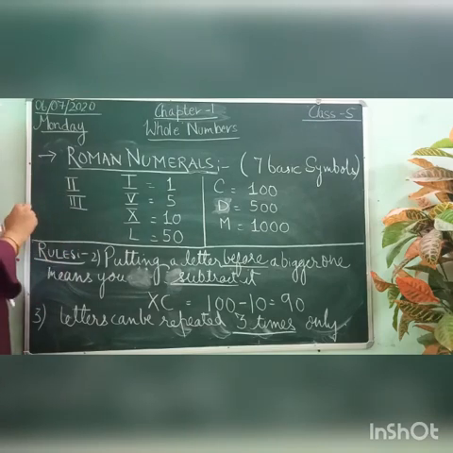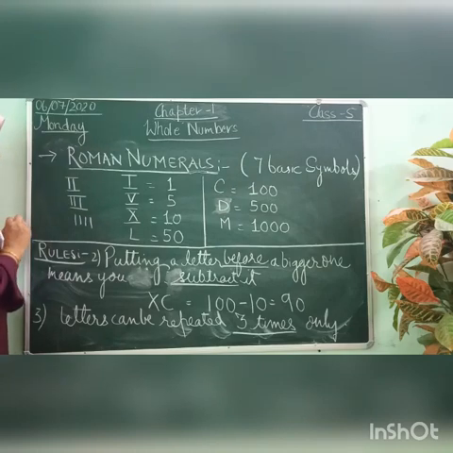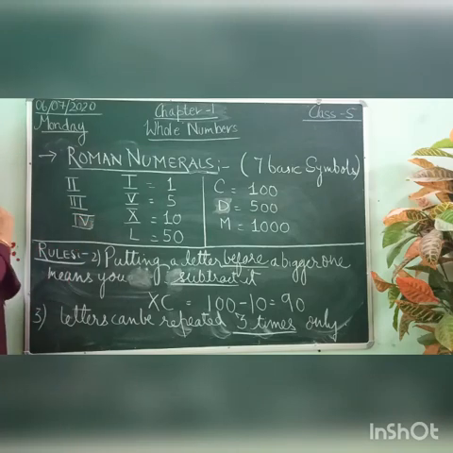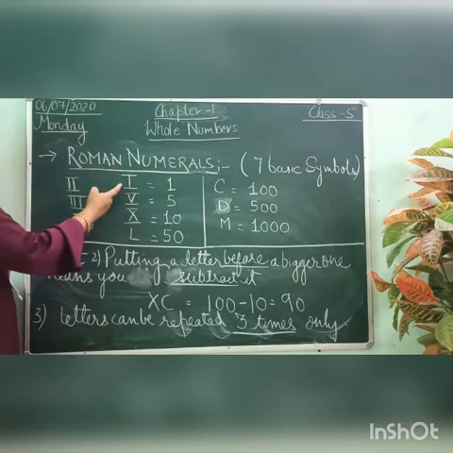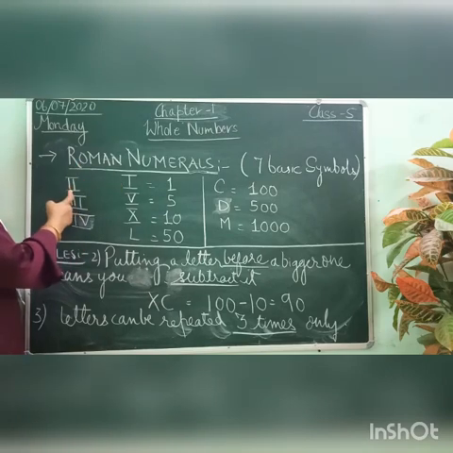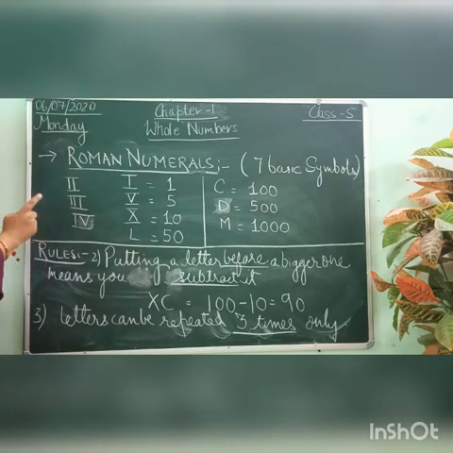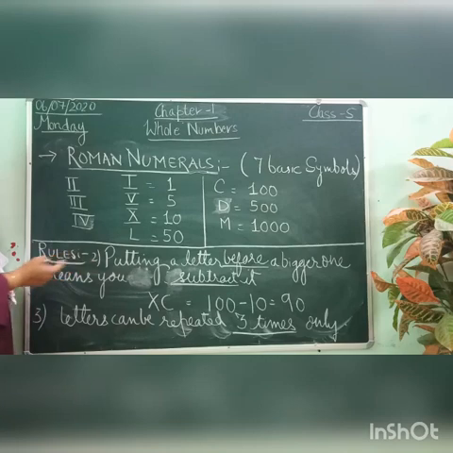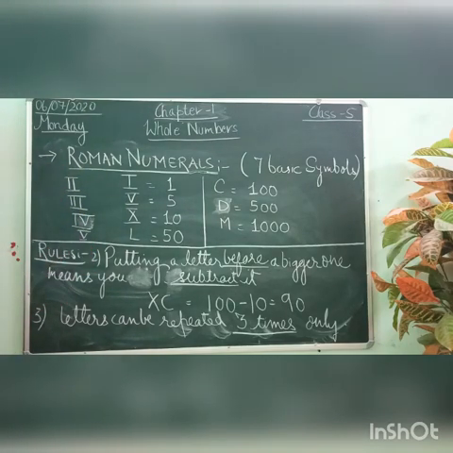As soon as you went to class 4, you didn't write IIII. You wrote it like this, isn't it? Do you remember? So I was the Roman numeral, it was repeated, but after 3 we cannot repeat any Roman numeral more than 3 times. So what we did, we wrote 1 before 5, that means 4. Now you are writing V, and V is equal to 5.